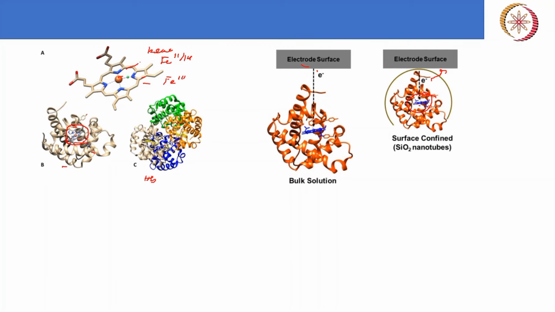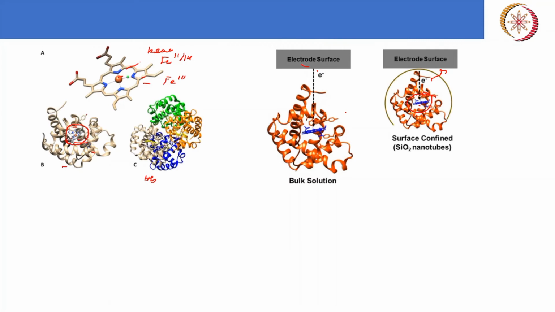If you do the reduction or oxidation of hemoglobin in the bulk solution, the redox process is irreversible. But if you confine this protein molecule on the electrode surface, the redox process is quasi-reversible or reversible.